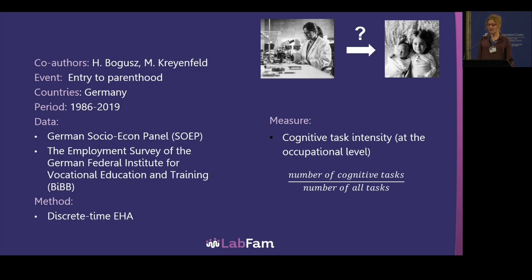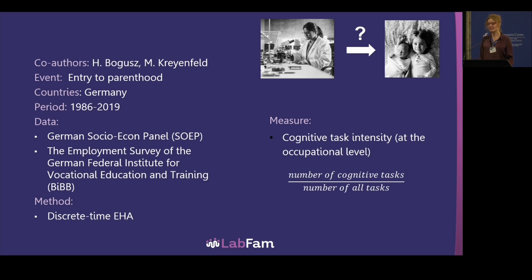Using this data, we computed cognitive task intensity measures by looking at how many tasks a person conducted in the job and how many of these tasks were cognitive. Then we computed the ratio. That was still at the respondent level, and then we averaged these ratios within each occupation to construct occupational level measures.